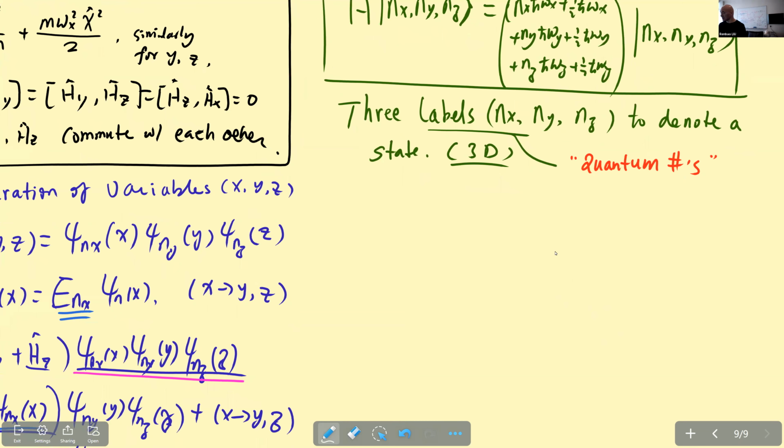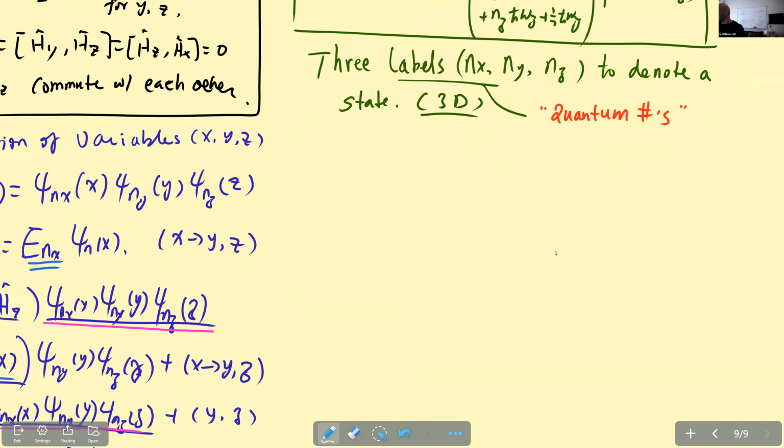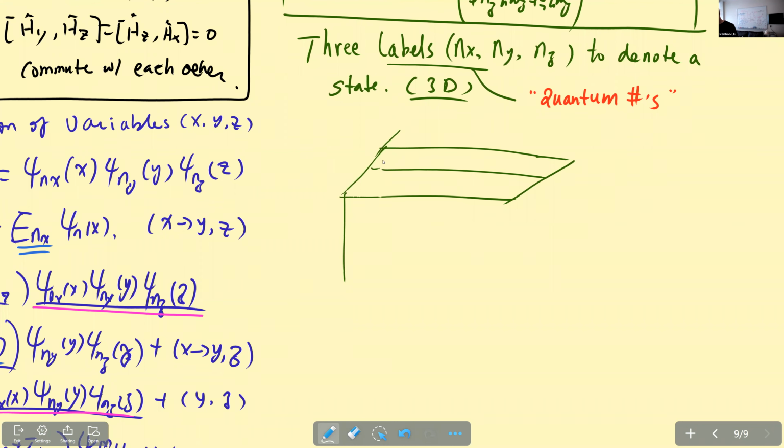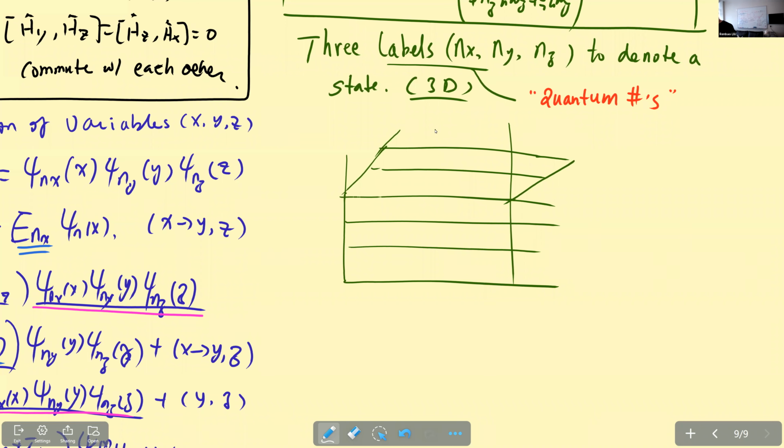Okay. So for the states, you can use a 3D lattice. If you want, you can use a three-dimensional lattice.